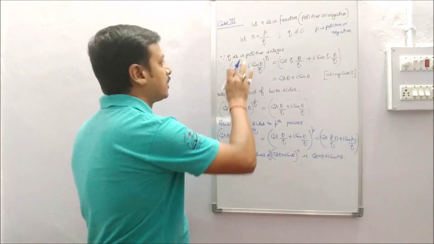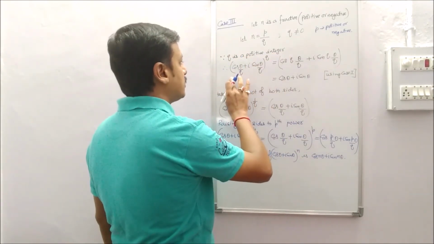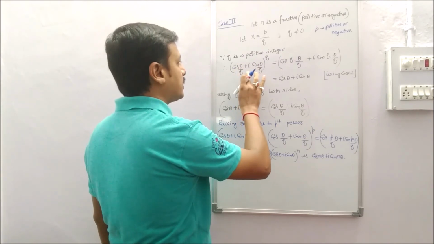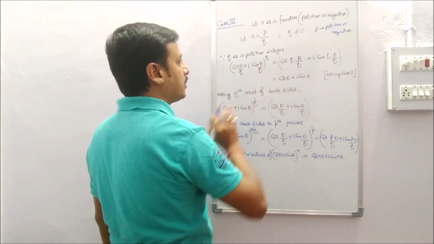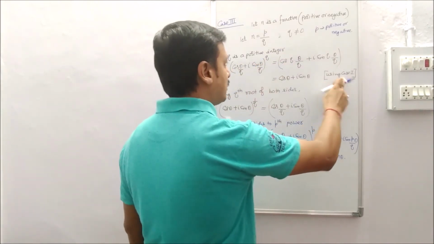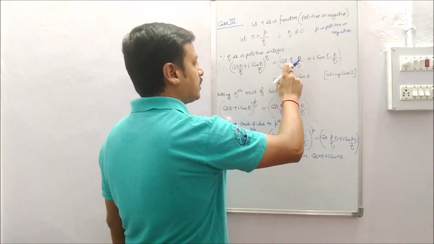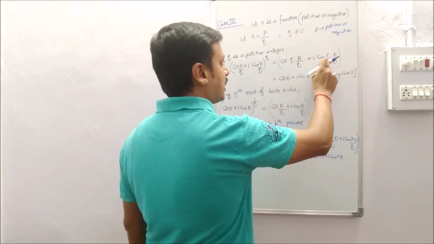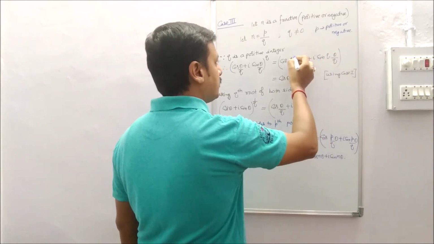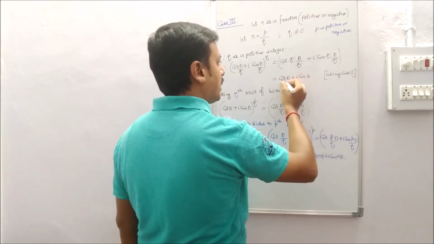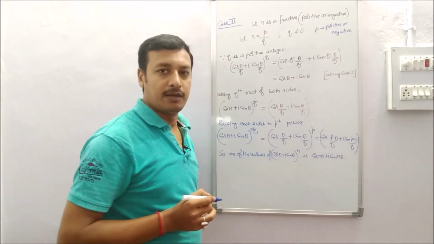Now since q is a positive integer, (cos theta by q plus i sin theta by q) to the power q, using case 1, multiplying q with theta by q, gives cos q times theta by q plus i sin q times theta by q. The q cancels out, and we have cos theta plus i sin theta.